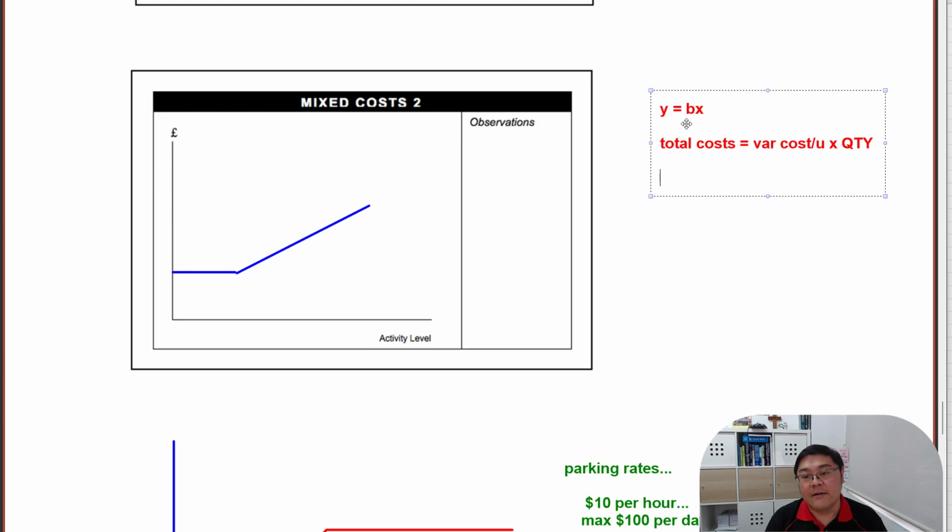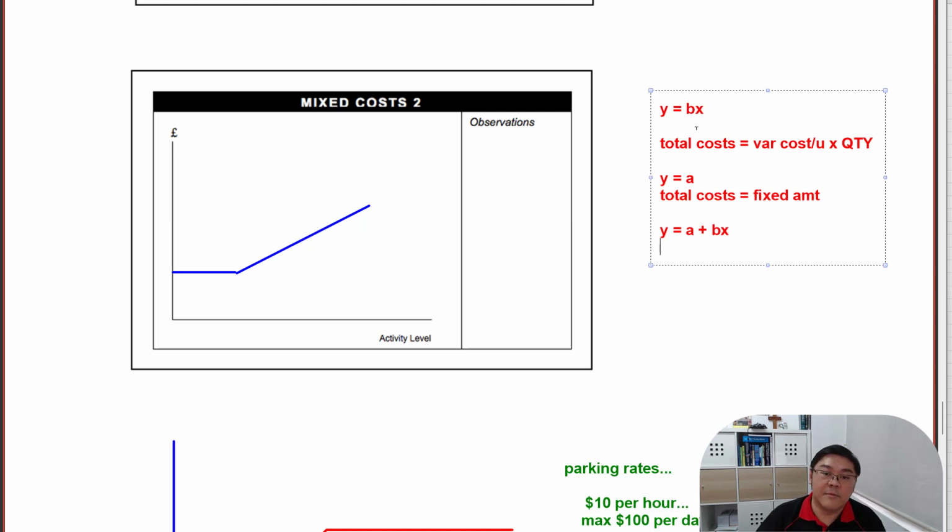If you have a fixed cost, you will say total cost is basically a fixed amount, which is a. If you have a mixed cost, you will have y equals a plus bx, which means a mixed cost is comprised of the fixed cost plus the variable cost element.